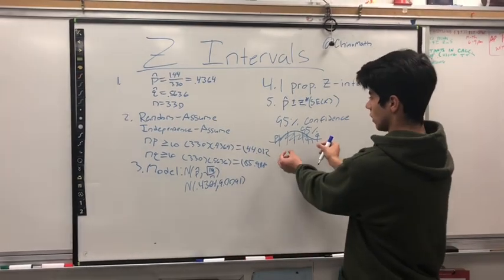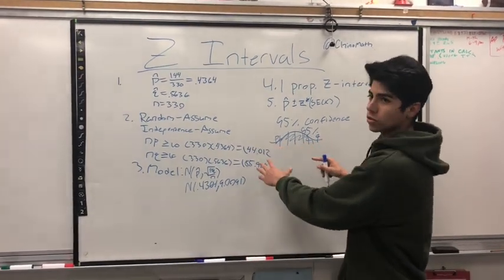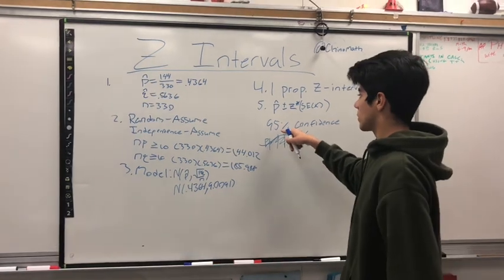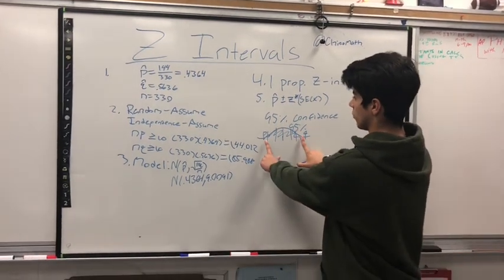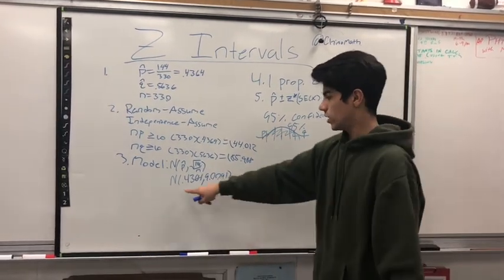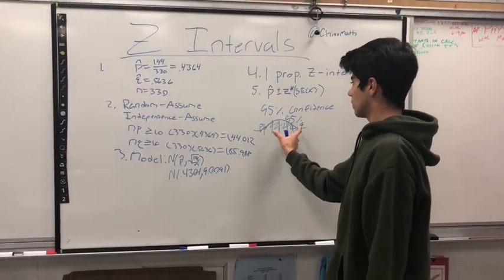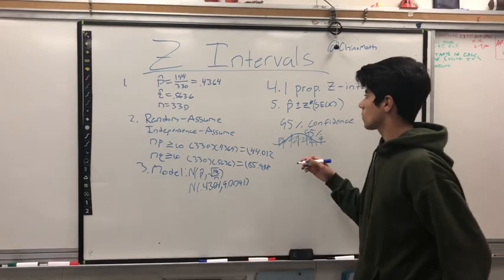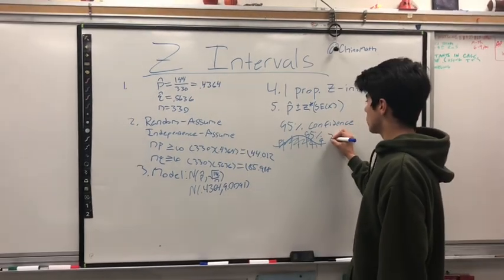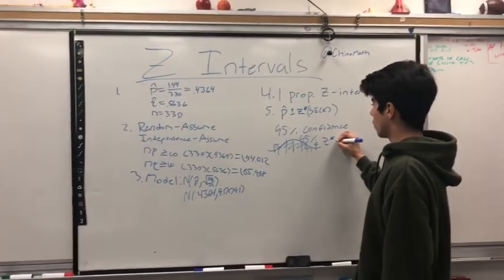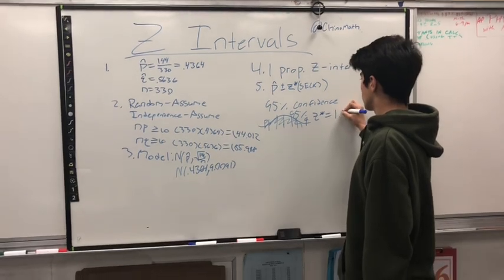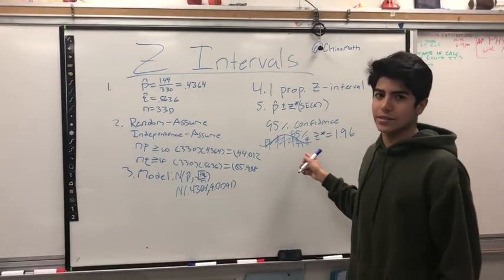Within certain levels of z-scores, we have different areas under the curve. For 95% confidence, we want 95% of this normal model to be contained within our two flags. The z-score, or the critical value, for 95% confidence is approximately 1.96.